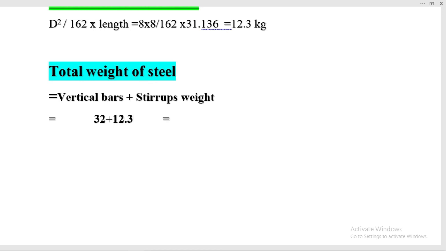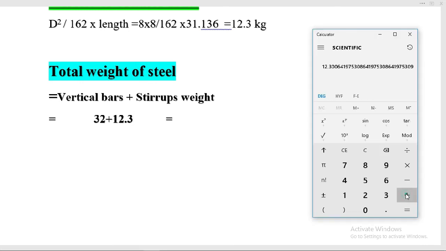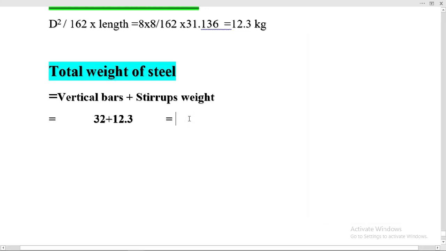So total, let me calculate on the calculator, 12.3 plus 32, 44. So let's take it as 45 kg total weight of steel we require for the column.